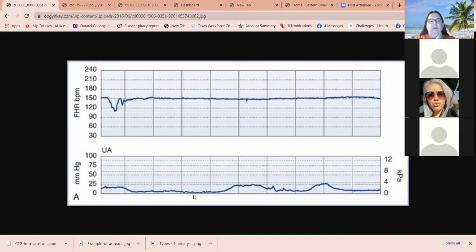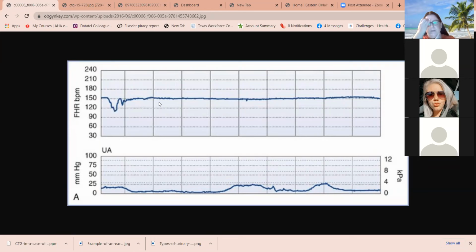So fetal heart rate baseline. 150, variability. Absent, I see nothing here. Decels. We've got a variable decel here.